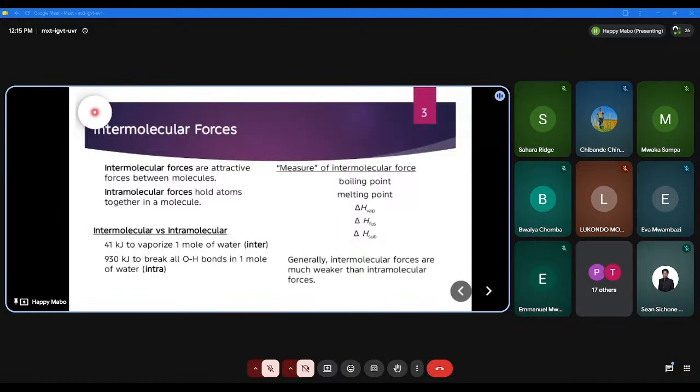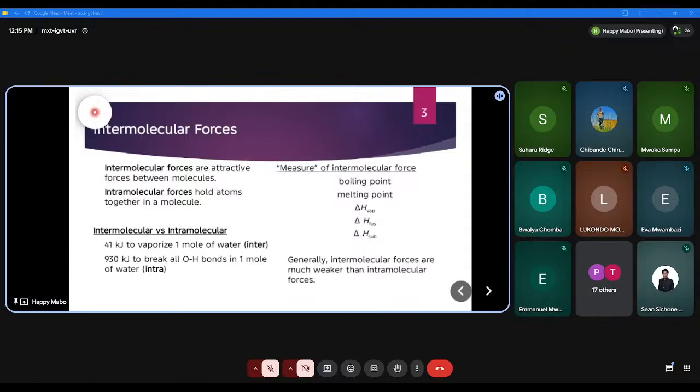Okay, so in terms of how we define these forces, intermolecular forces are referred to as attractive forces that exist between molecules. We might think of them as the glue that is holding the separate molecules together in liquid or solid water, as per the slide that we are looking at.